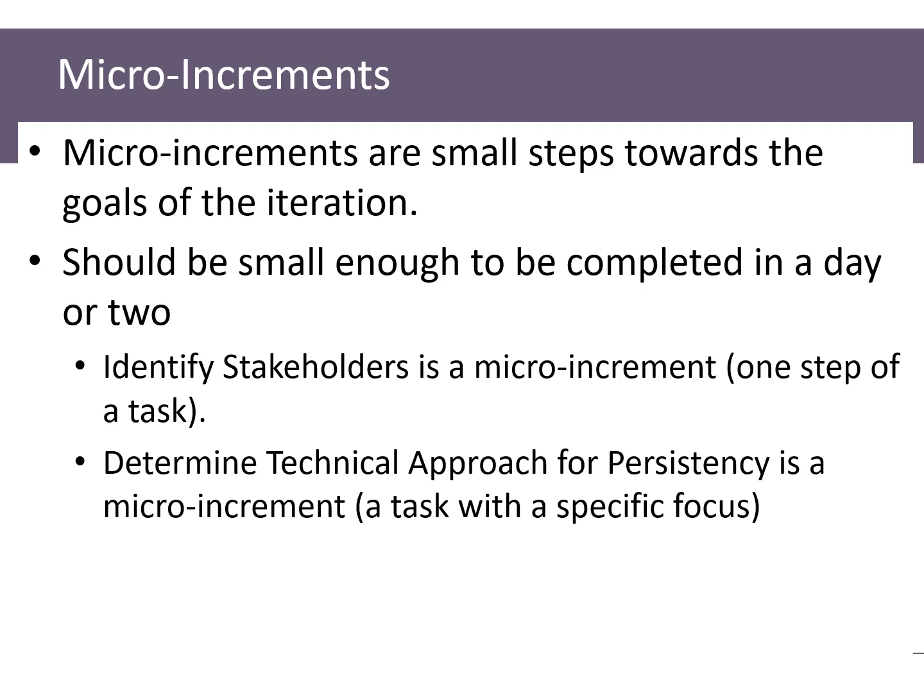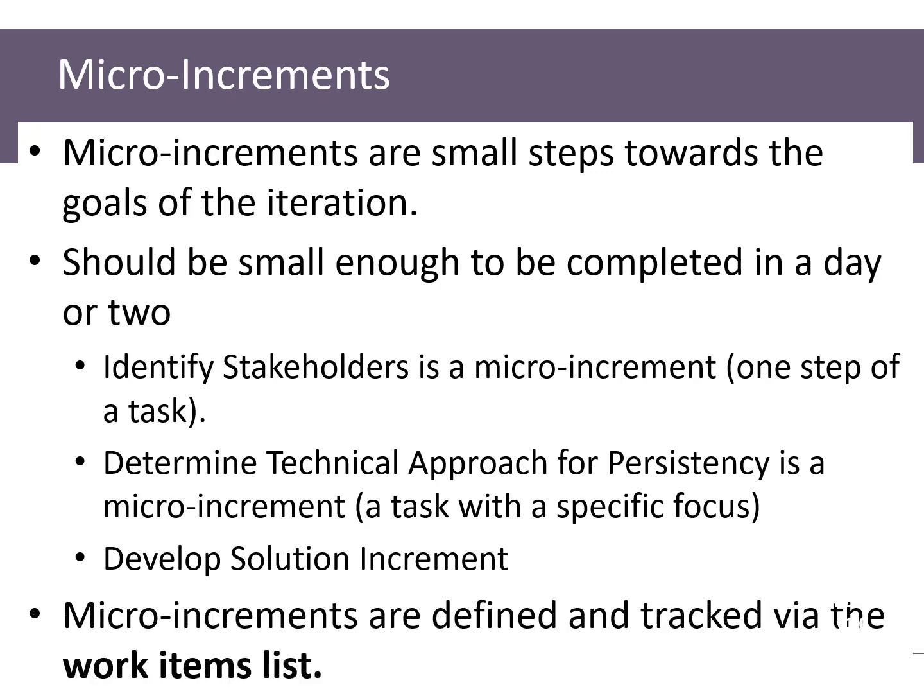So always keep it to a very short period, one to two days. If they can't solve it within two days, they get help or put it aside and move to other things. Micro increments are identified and tracked via the work items list. So work items must be produced, and that list is very important.